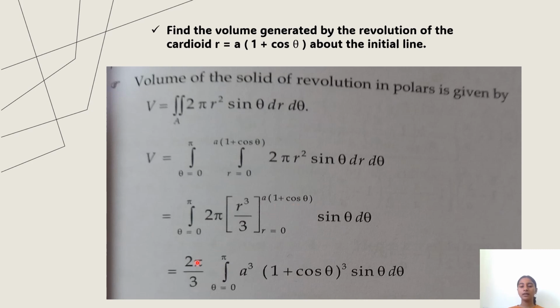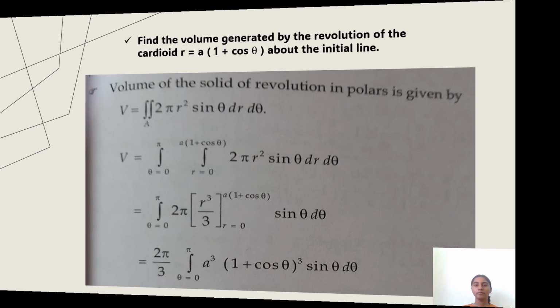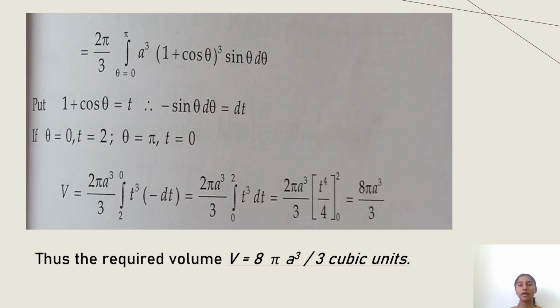So first we will integrate with respect to r, then we will get 2 pi into r cube by 3. So here we have to substitute the limits, that is from 0 to a into 1 plus cos theta. Then we will get 2 pi by 3 integration of a cube into 1 plus cos theta whole cube sin theta d theta from 0 to pi. So next we have to integrate with respect to theta. So here we put 1 plus cos theta equals t.